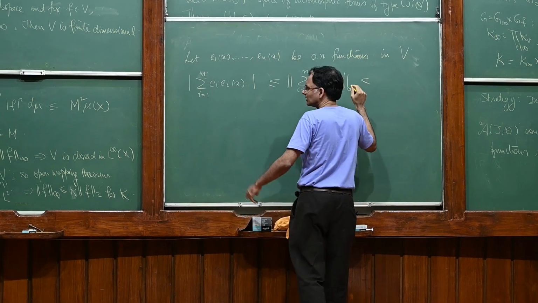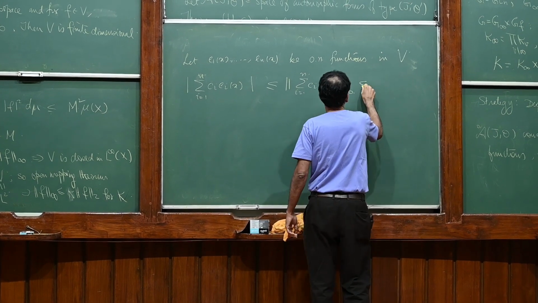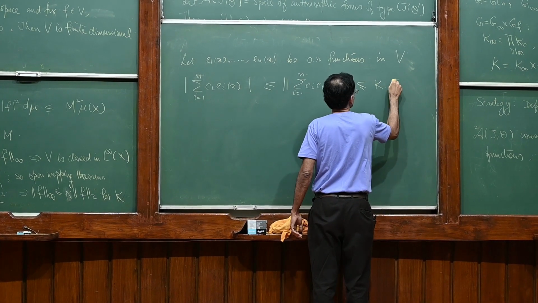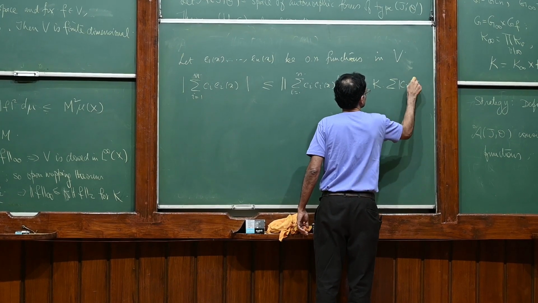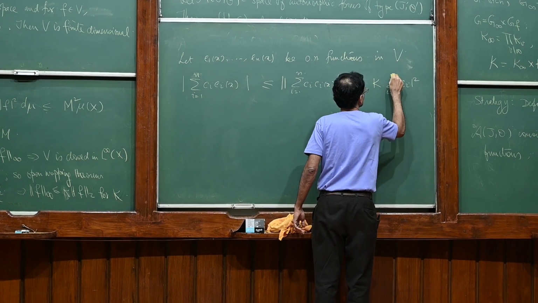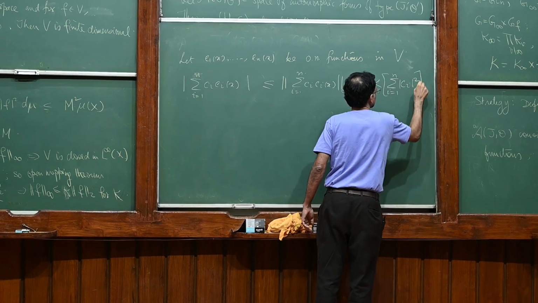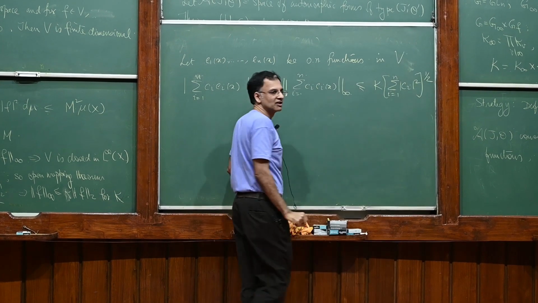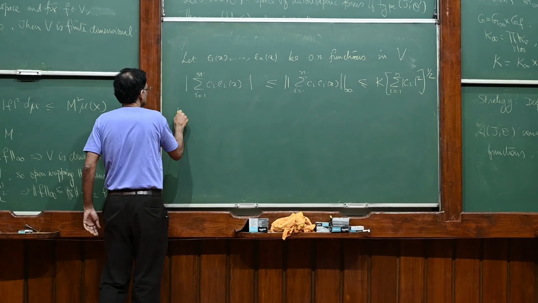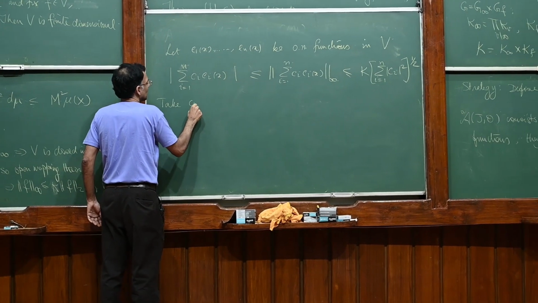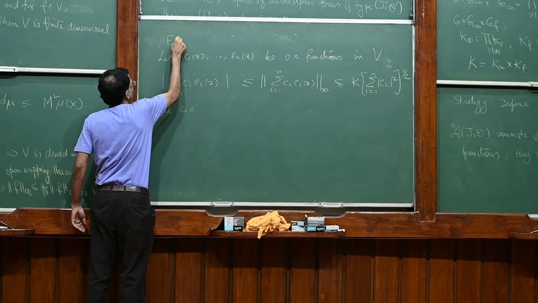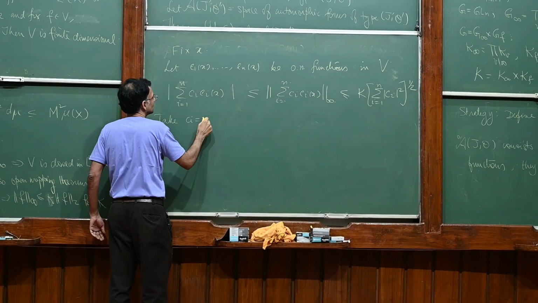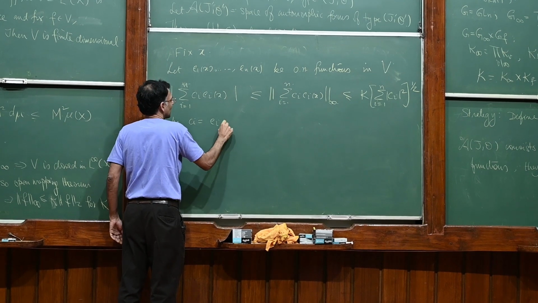And now this is for a fixed x. So take c_i to be the conjugate of E_i(x).